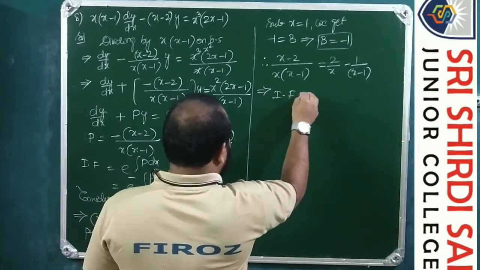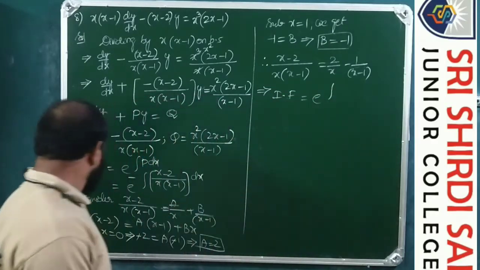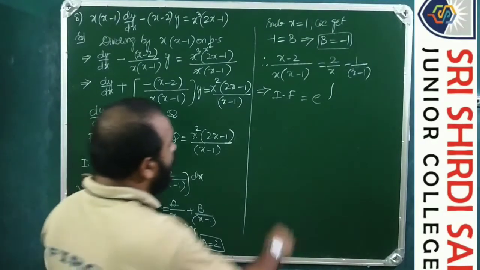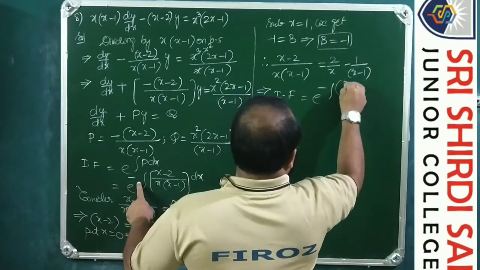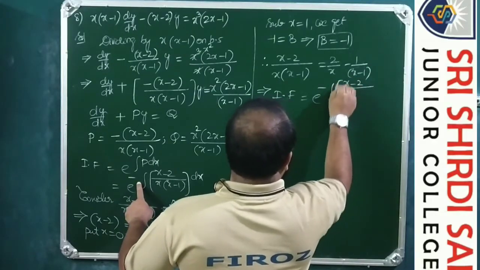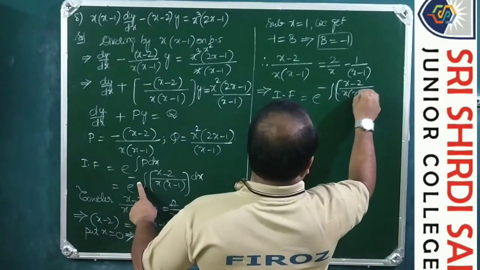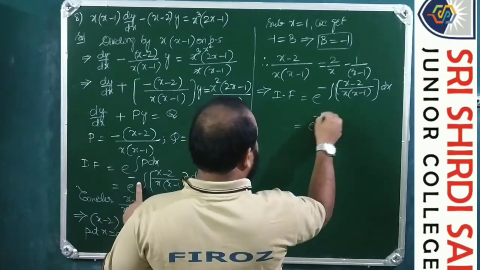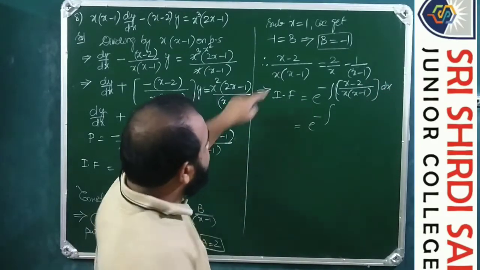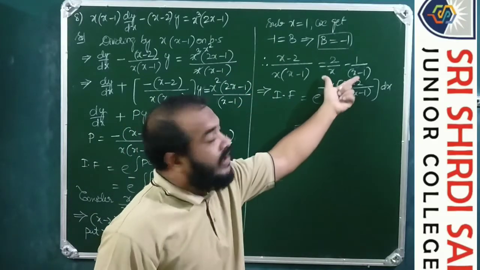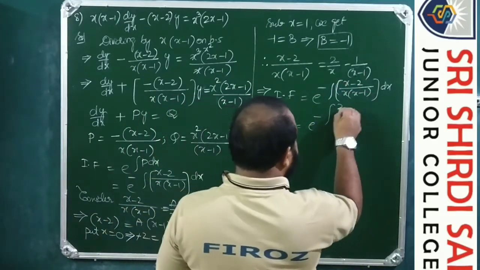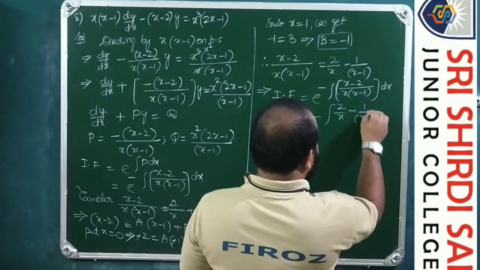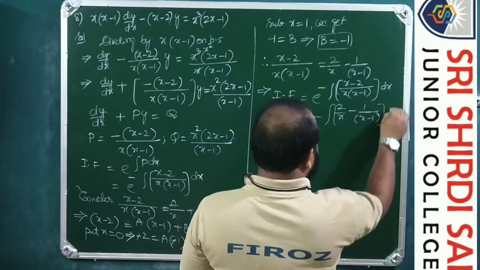So integral factor is equals to e power integral minus of x minus 2 by x into x minus 1 dx is equals to e power minus of, this x minus 2 by x into x minus 1 value is this, 2 by x minus 1 by x minus 1 whole dx.